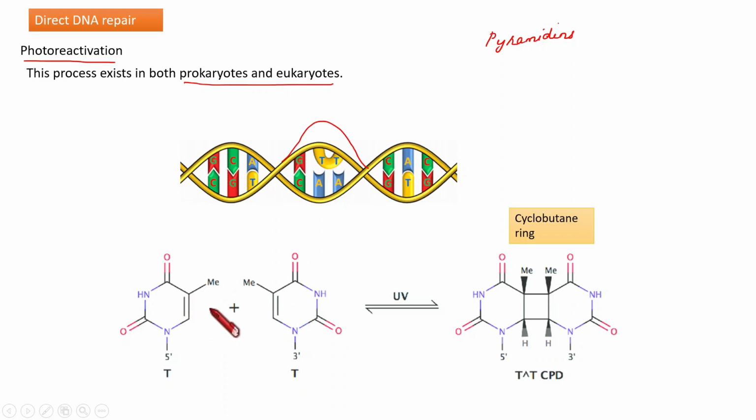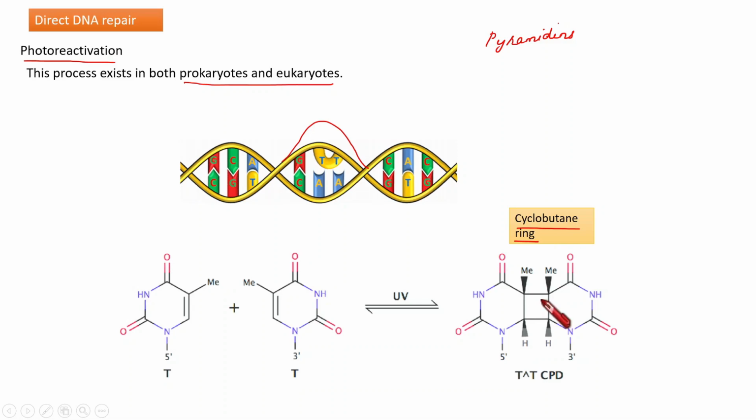So as the photon hit the thymine, this unsaturation changed to saturation as it got energy. In that way, that double bond can get saturated to form a cyclobutane ring. That ring we can see.